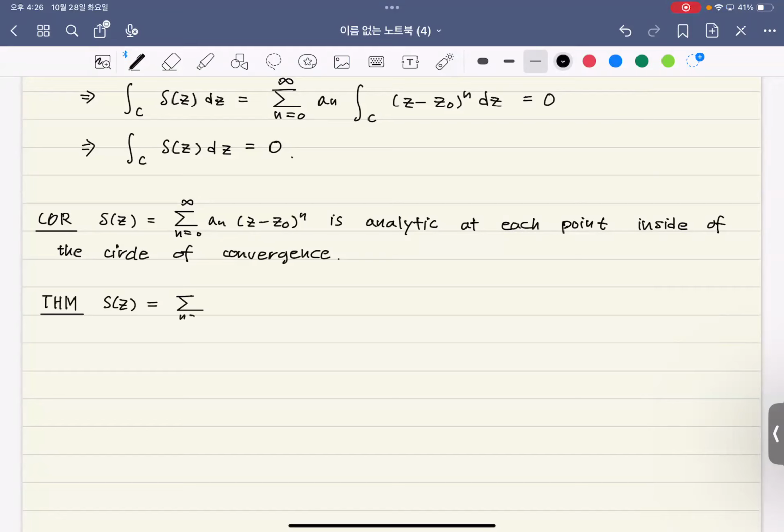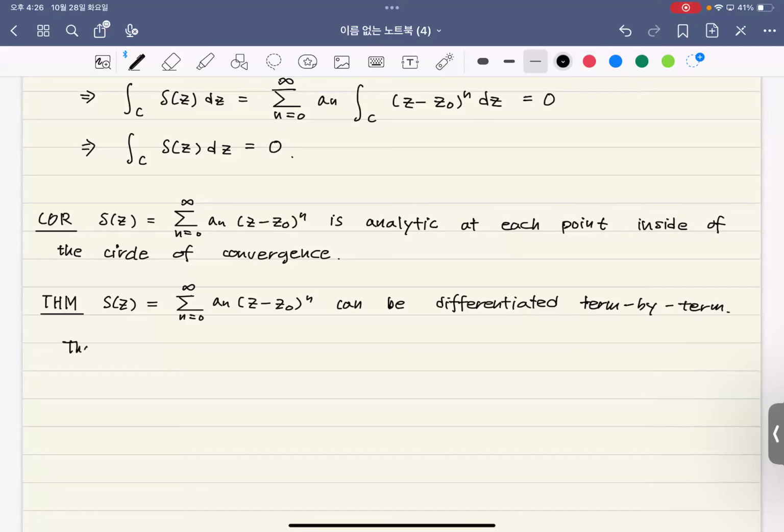I have a function given by a power series, and this can be differentiated term by term.